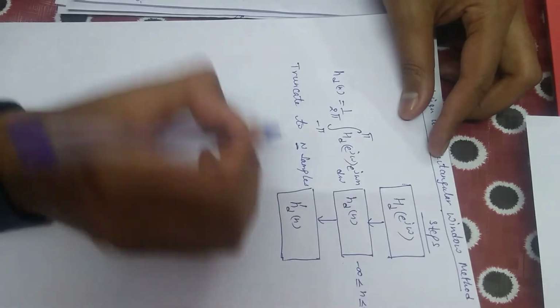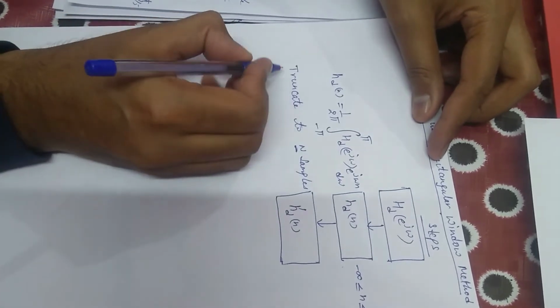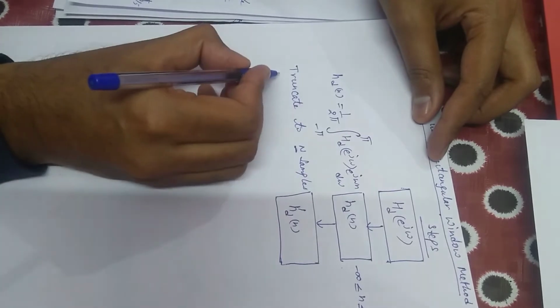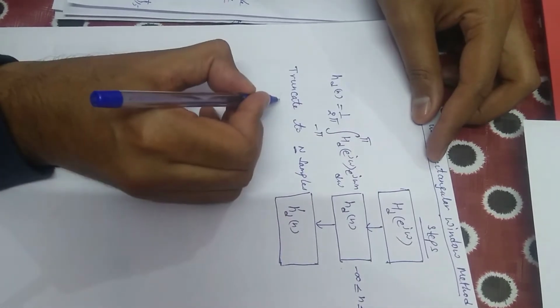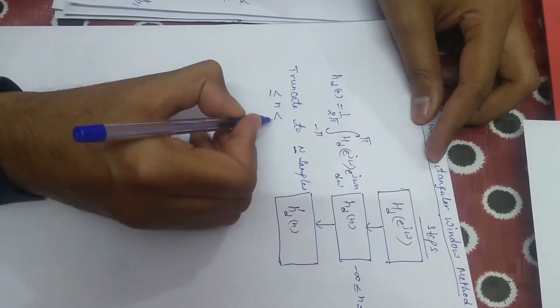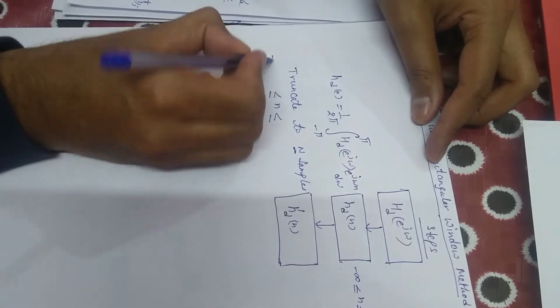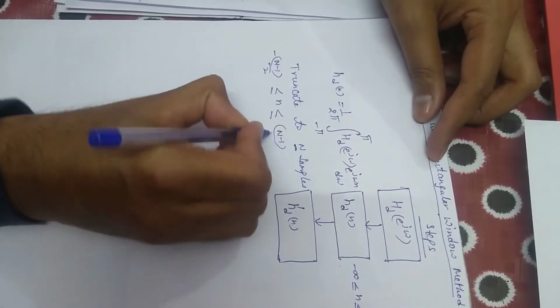So here N is the number of samples which we have taken to define the digital filter. Generally we use a symmetric arrangement so that the center is at 0 and then n varies from minus (N minus 1) by 2 to (N minus 1) by 2.